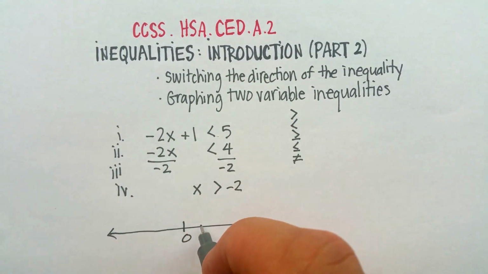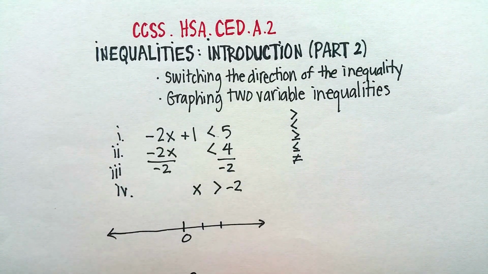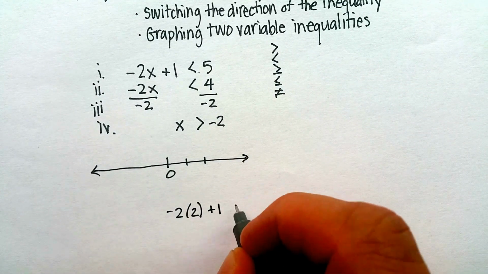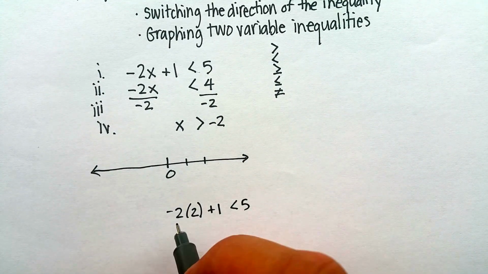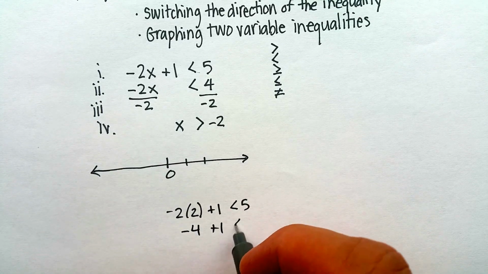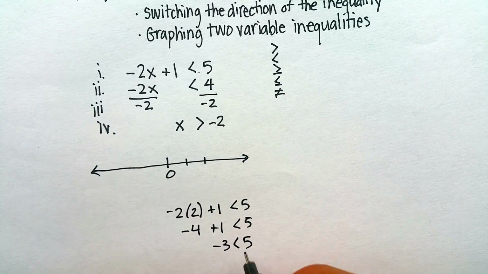If I chose 2 and I plugged it in here, I would get -2 times 2 plus 1 is less than 5. Let's see if that's true. That times that gives me -4. That plus that gives me -3. Is that indeed -3 less than 5? The answer is yes, it would.